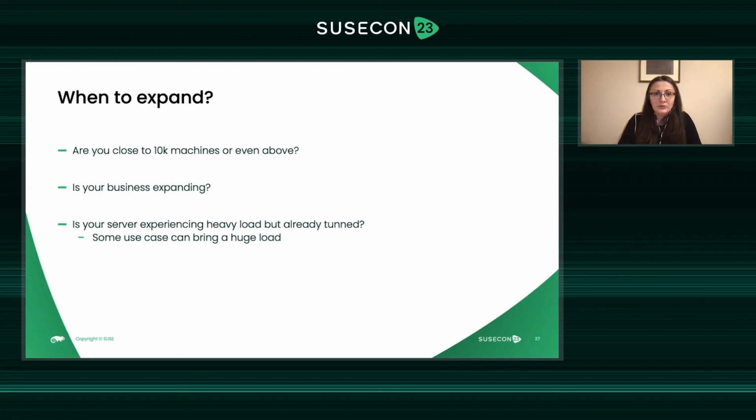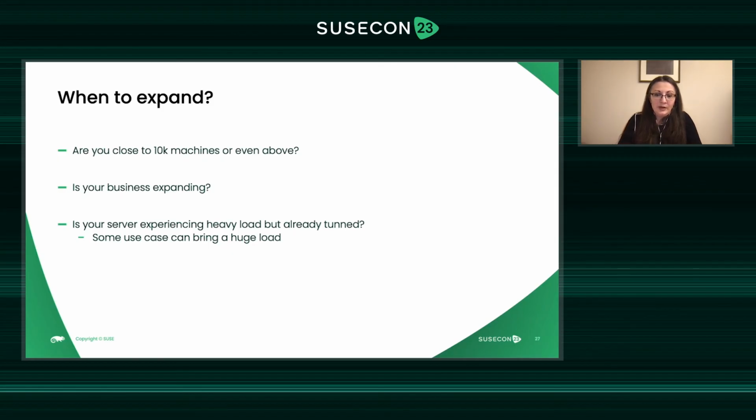Are you close to 10,000 machines or even above? Is your business expanding significantly? And is your server experiencing a heavy load but already has been tuned for large-scale environments?